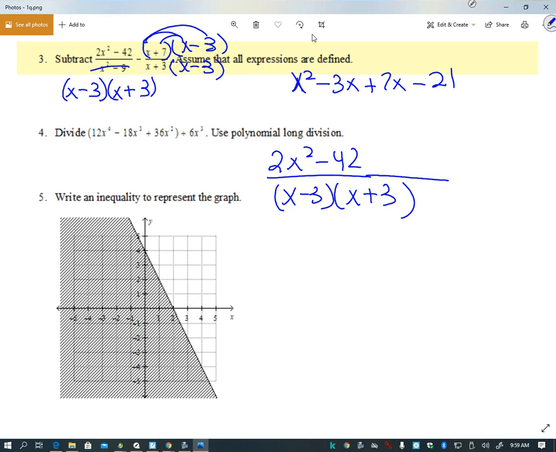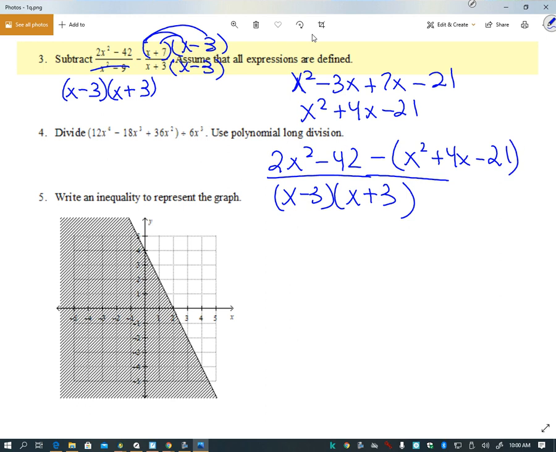Okay, anything else before I move that down? Combine like terms. What are my like terms? 7x and negative 3x, which makes positive 4x minus 21. So here's the thing to be careful with. We're subtracting all of this, right?